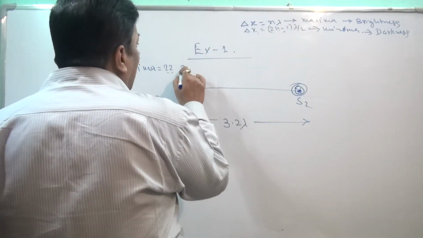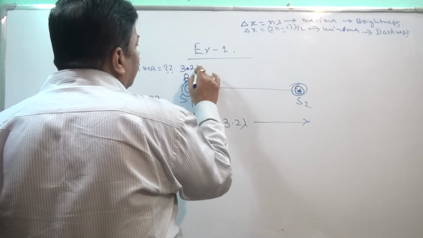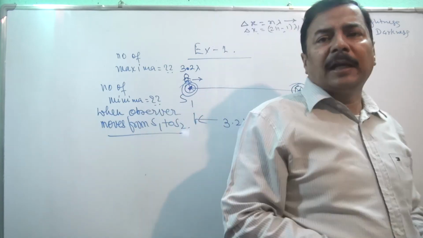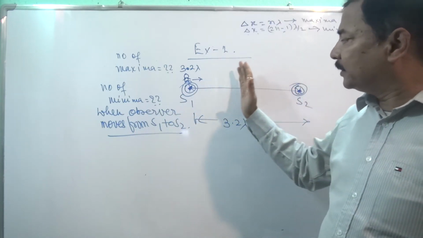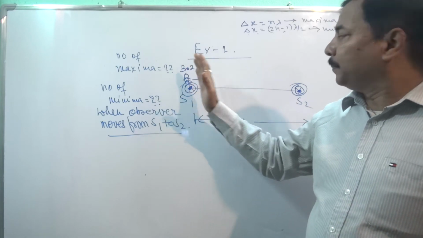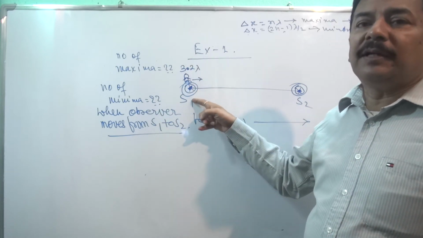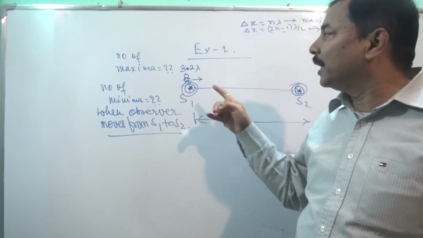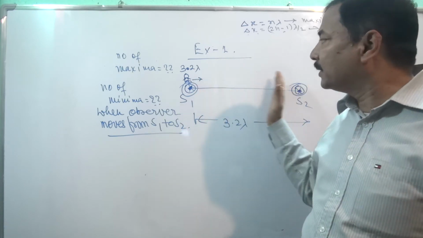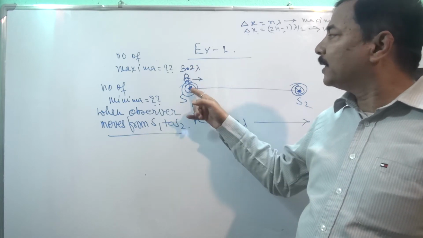So here the path difference is 3.2 lambda. Again, see, this wave has traveled a distance 3.2 lambda, and this wave has traveled a distance 0. So what is the path difference? Path difference is x2 minus x1, that is 3.2 lambda, because this has traveled 3.2 lambda and this has traveled 0 distance.